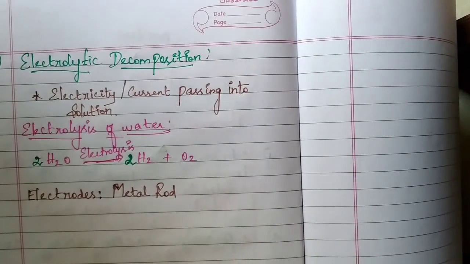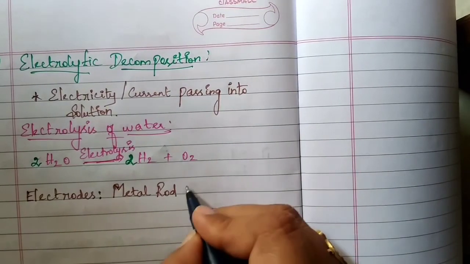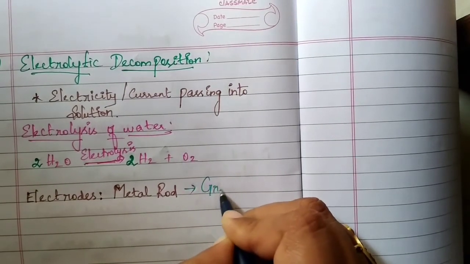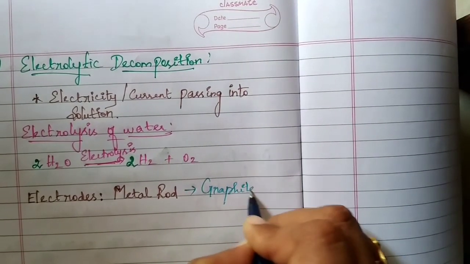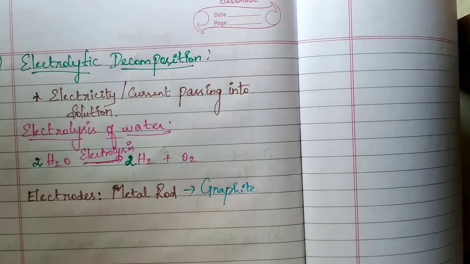Okay, students, electrodes are metal rods. Here, which is used? Graphite. It is a carbon rod. Mostly metal we can use, sometimes graphite we are using. So graphite is taken as an electrode here, students.